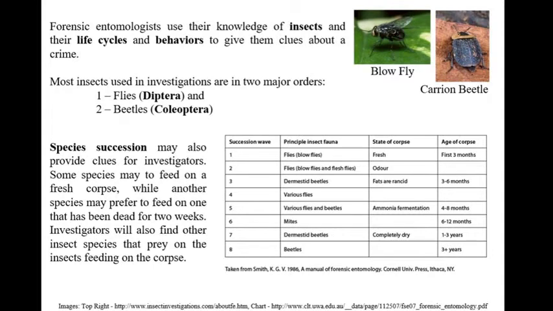Flies may be the first to arrive at a dead and decaying matter. After that, another fly or another beetle will come. That is explained by a process called succession. Succession means one after the other: which will come first and which will follow the other, and so on.